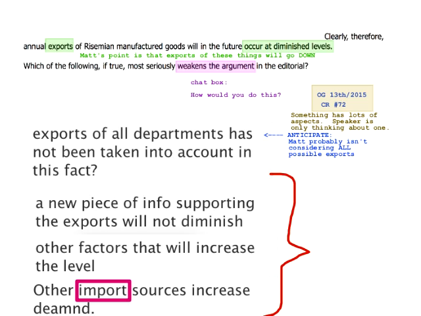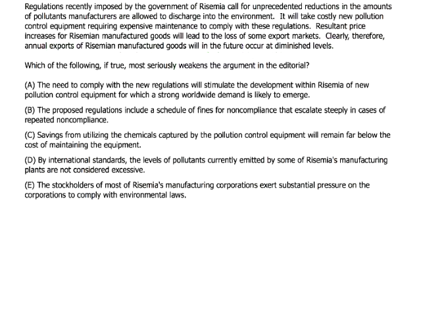Let's assume that you mean export there. Because that's the logic, right? So anticipate some other source of exports will increase in magnitude. About that. Is your answer choices?